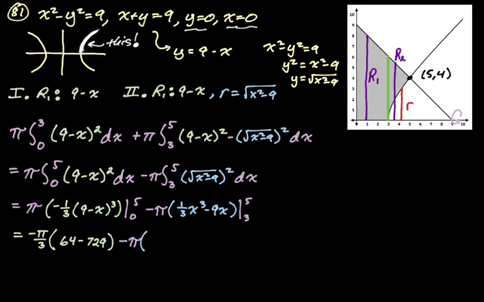When we plug in 5, we get 125 over 3 minus 45. And then minus, when we plug in 3, we get 27 over 3, which is 9, minus 27. And then I just use a calculator for this. This all combines to 207 pi, which apparently is the volume when this region is rotated about the x-axis.